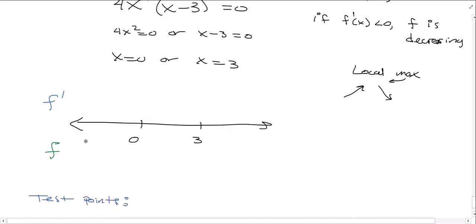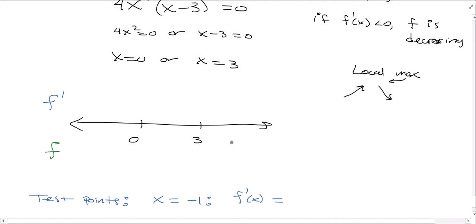In previous videos, I did the table. Now I'm just going to pick the test points to go a little bit faster. Between negative infinity and 0, I'm going to pick negative 1 and plug it into the first derivative to see what it is.